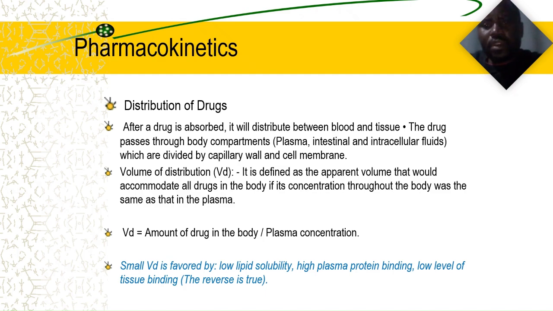So what is the volume of fluid that will be able to dissolve this drug? You don't answer the question right there and then. You also consider, when we consider the concentration, whether this drug is only in plasma, or also dissolved in fluids other than plasma.